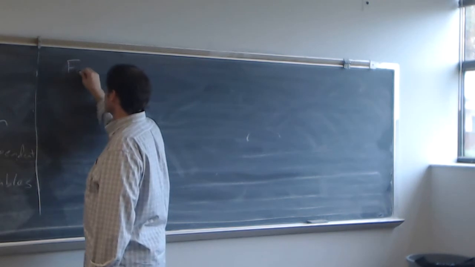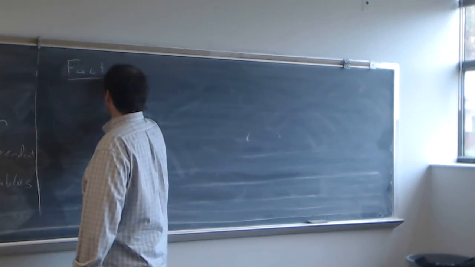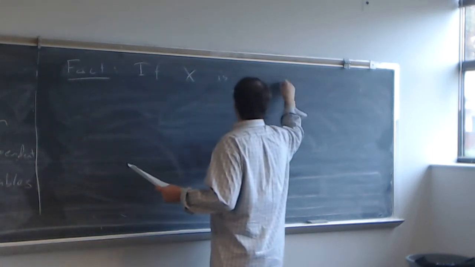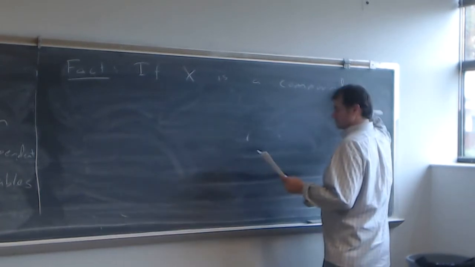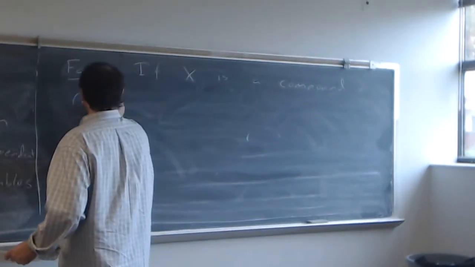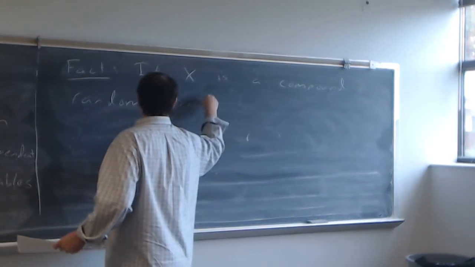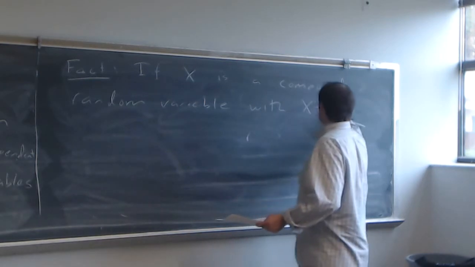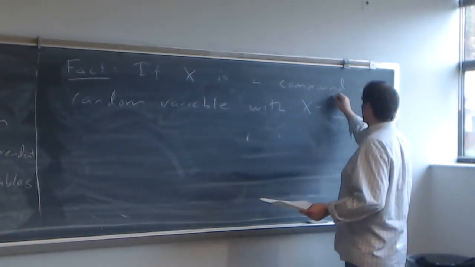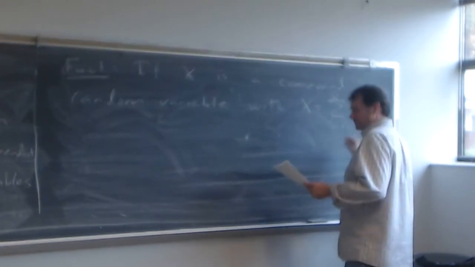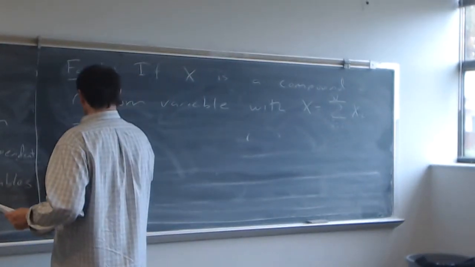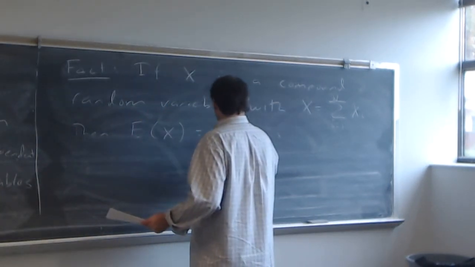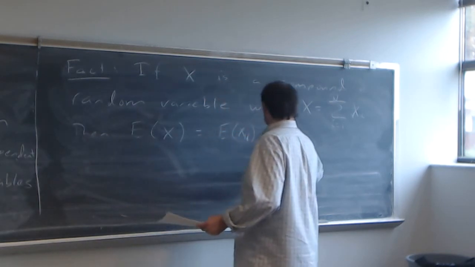As a fact, if X is a compound random variable, with X equal to the sum as i runs from 1 to n of X sub i, then the expected value of X is equal to the expected value of X sub 1 times the expected value of n.